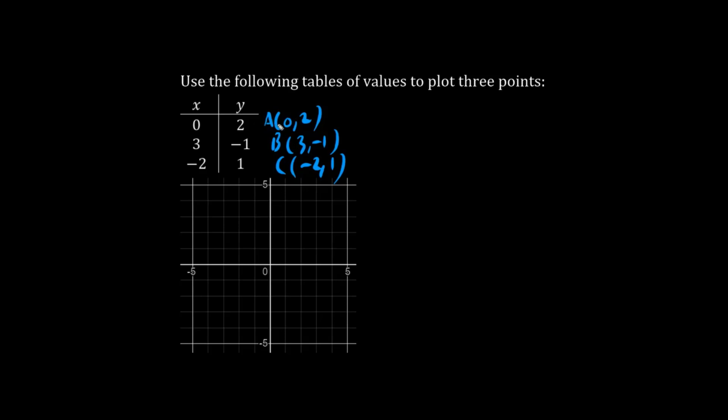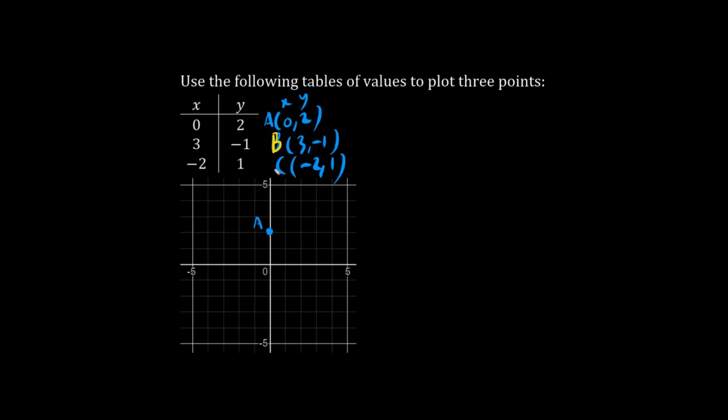So where are the xy coordinates for A? 0, 2. 0 means the x value doesn't move at all. And the y value, this is x, this is y, is 2 up. We go 1, 2 units up. This is A. Now what about B?